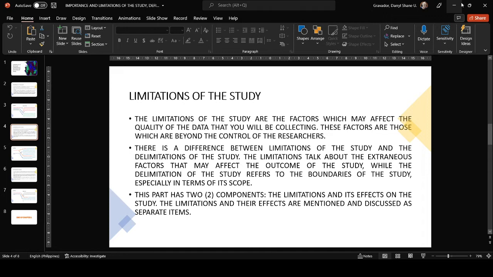So in qualitative research, we make use of the limitations of the study. This part has two components. First, the limitations, and second, the effects of these limitations to your study. Again, they are discussed and explained in separate paragraphs.